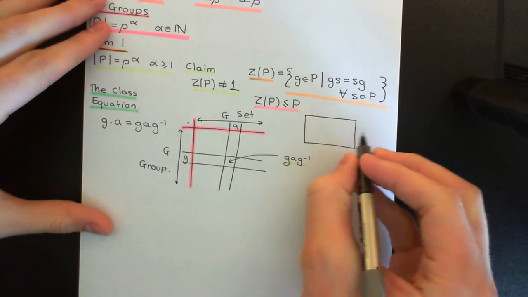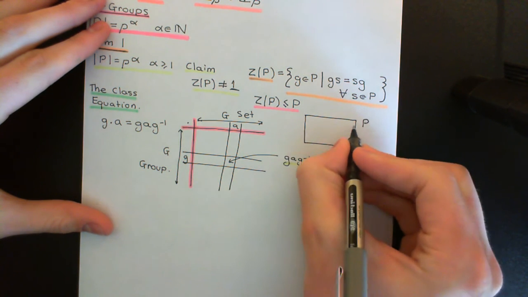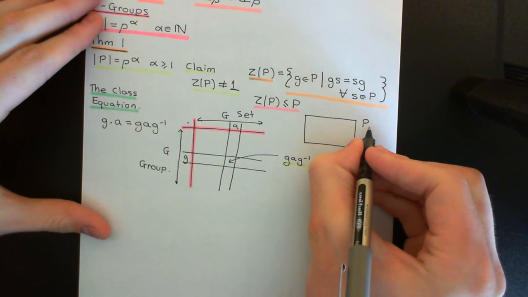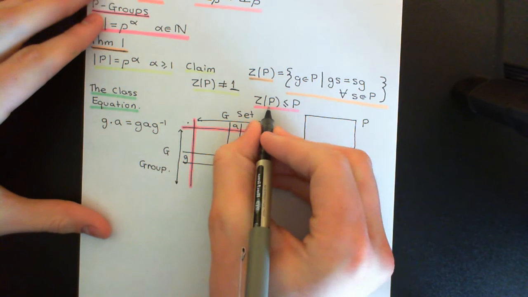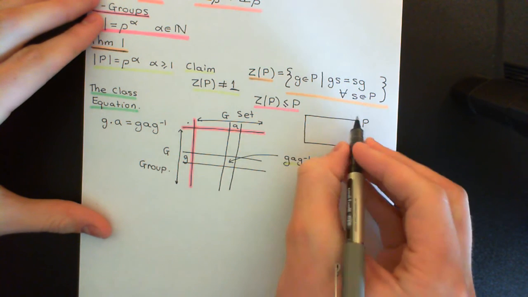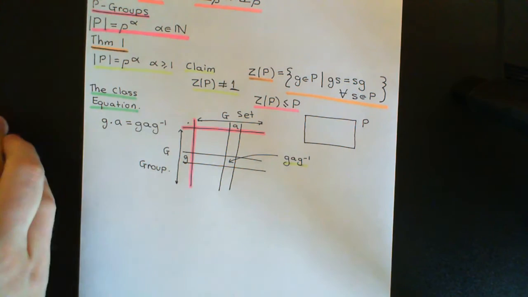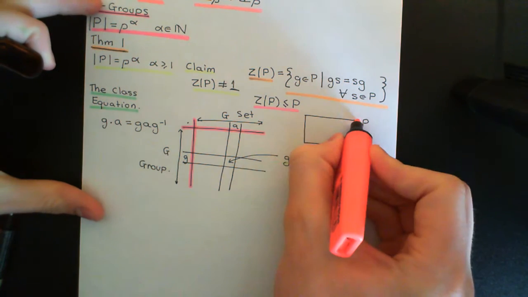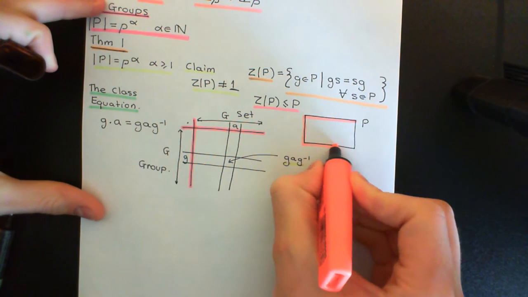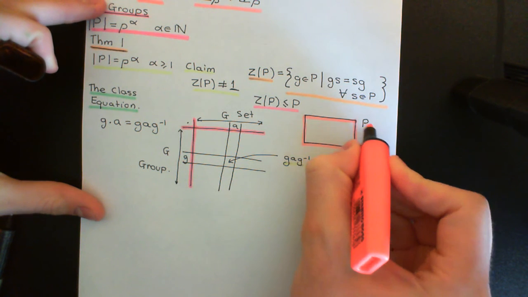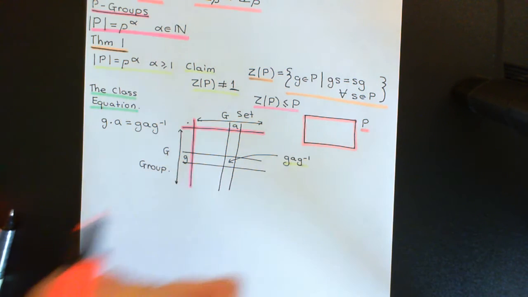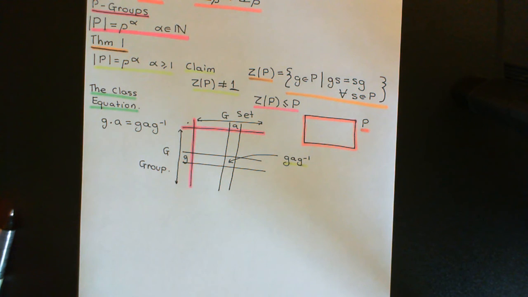So here is our group, and again I'll go back to using my notation in the context of the P group, but this does apply for an arbitrary group. So here's my group, capital P, and I'll just colour it in red here. So what I can now do is partition my group, capital P, up into the orbits of this group action.